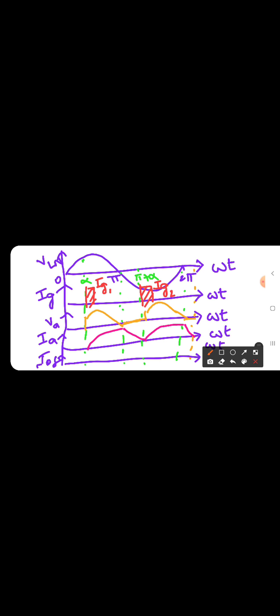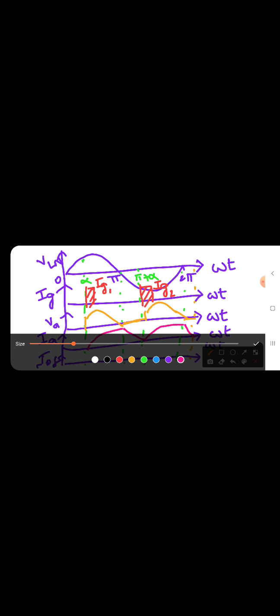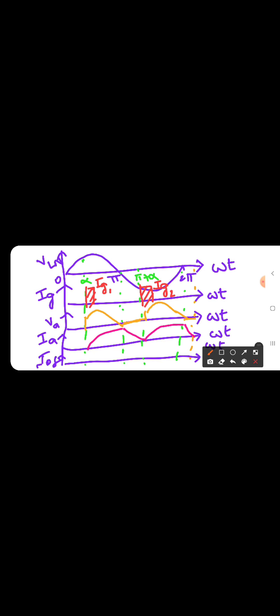Then IDF: IDF is present only while the energy storing elements are discharging their energy, so the current is like this.